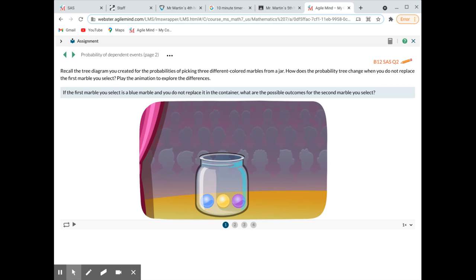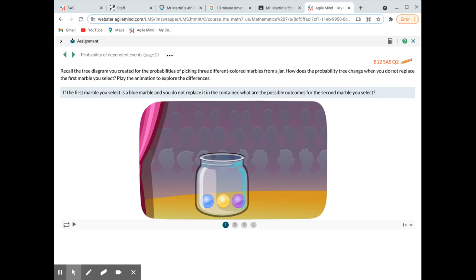Play the animation to explore the differences. If the first marble you select is a blue marble, and you do not replace it in the container, what are the possible outcomes for the second marble you select?